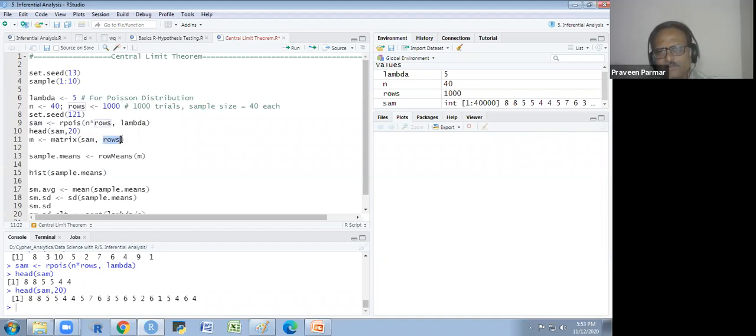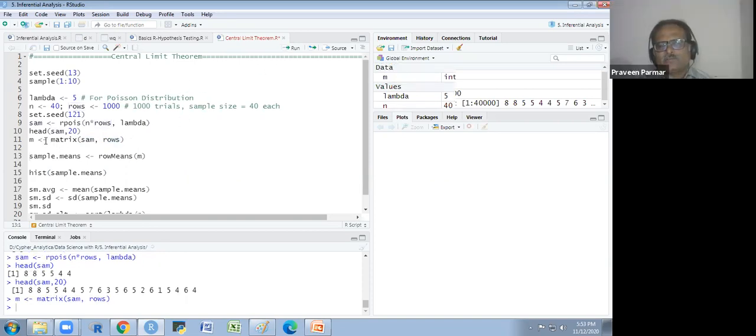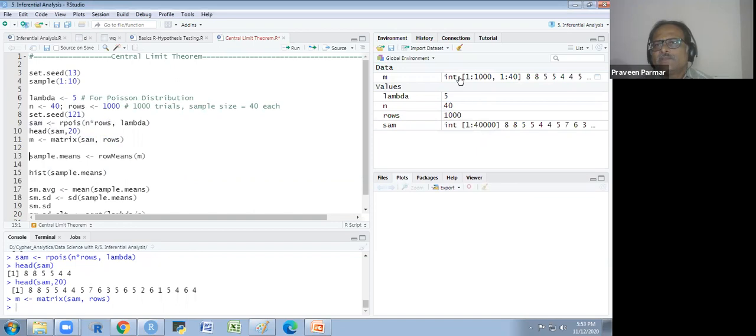Got it, everybody? Yes. So we run it, and I could not show you that big a matrix. Here, I just show you this. This is my matrix, and it has 1,000 rows and 40 columns.